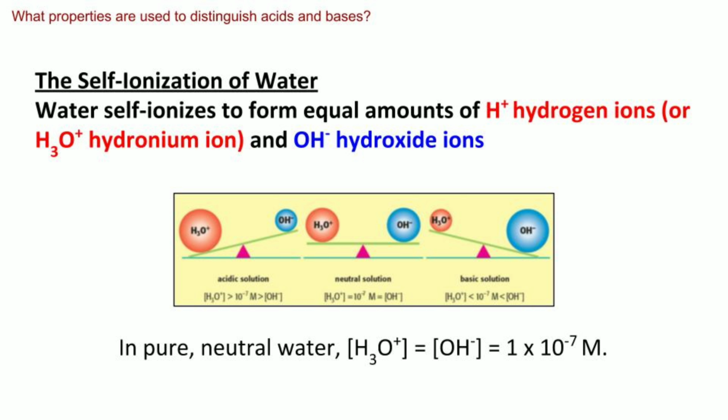When water ionizes, it creates one positive hydrogen ion and one negative hydroxide ion. When an acid is added to water, it throws off this balance, creating more hydrogen ions and fewer hydroxide ions. And when a base is added to water, it throws off the balance in the other direction, causing there to be more hydroxide ions than hydrogen ions.